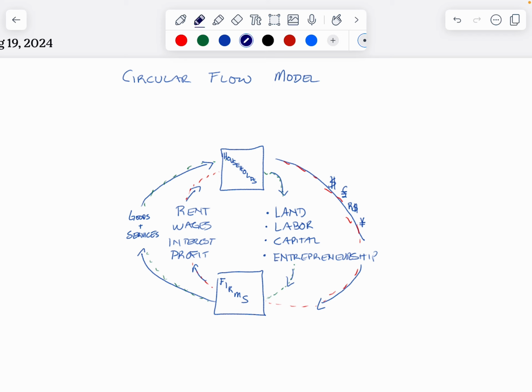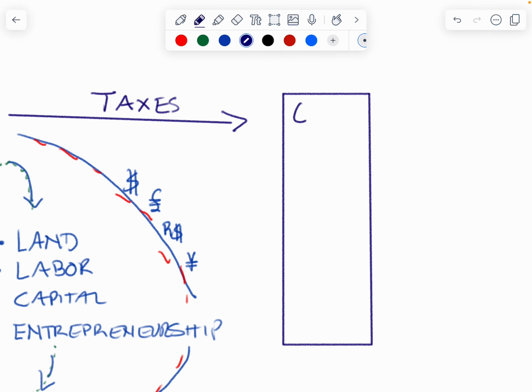There are a few more complicated aspects because households do not just buy goods and services. Households also pay taxes. And they pay those taxes to the government.